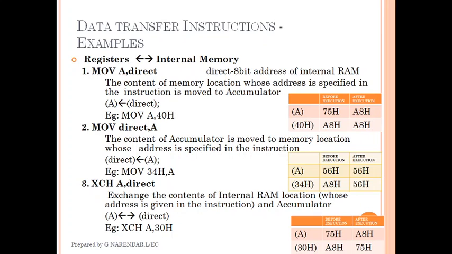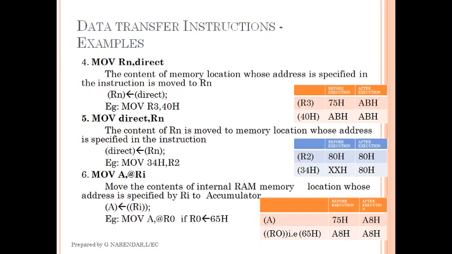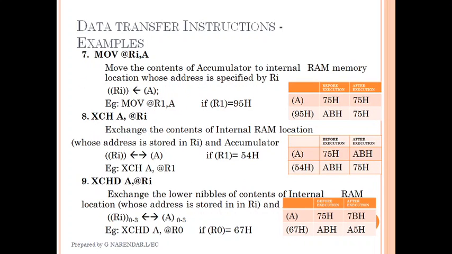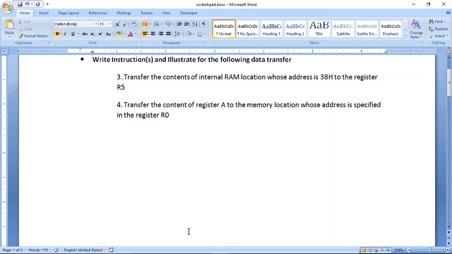In the internal memory location, the address can be specified directly, as in instructions 1, 2, 3, 4 and 5, or it can be specified by using a register, as in instructions 6, 7, 8, 9. So now we look at some examples of data transfer between registers and internal memory locations.